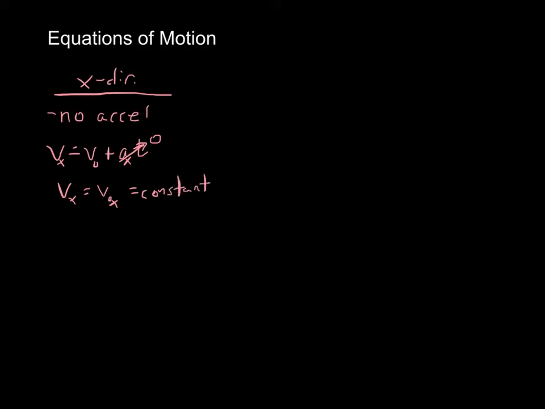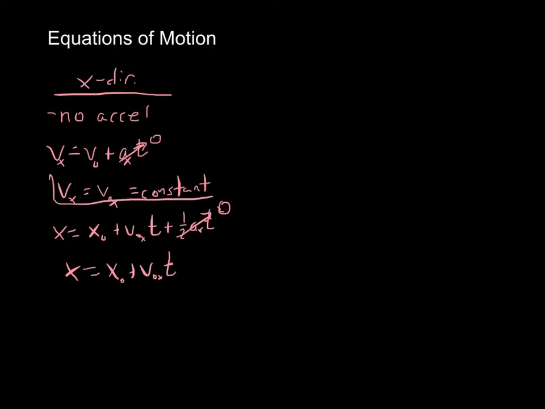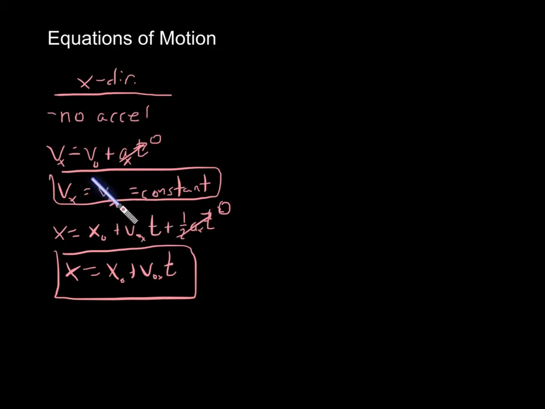If we take our equation x equals x naught plus v naught in the x direction times time plus 1/2 acceleration in the x direction times time squared, again, acceleration in the x direction is 0, so that disappears. My equation of motion for the x direction is just x naught plus v naught x t. So it's like something that's traveling at a constant velocity. The third equation, with the v squared, boils down to this as well, so we end up getting the same thing there.